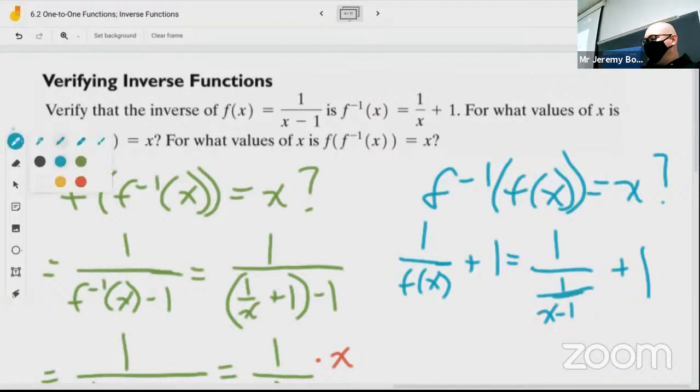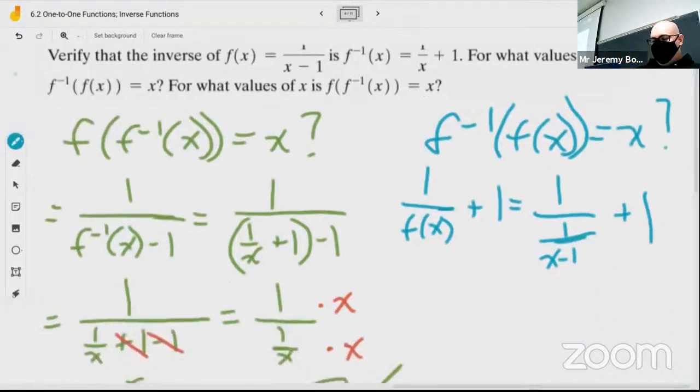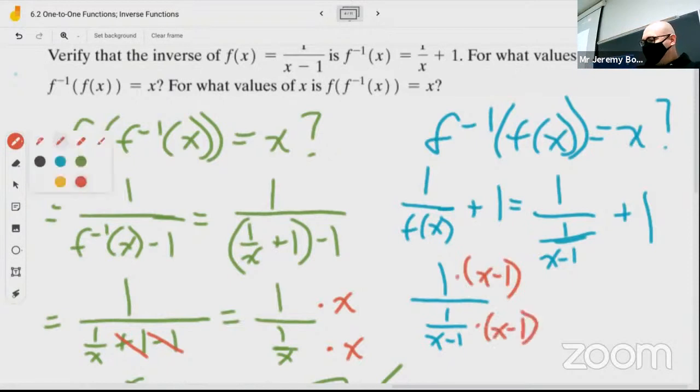So I'm just going to rewrite the whole thing. We're going to have 1 over x minus 1. And I'm going to multiply this numerator by x minus 1. And I'll multiply this denominator by x minus 1. Don't forget the plus 1.